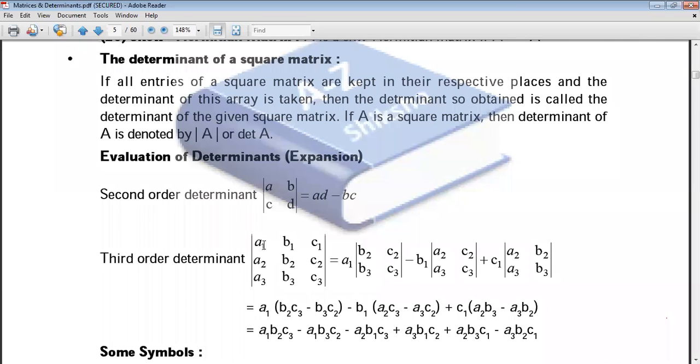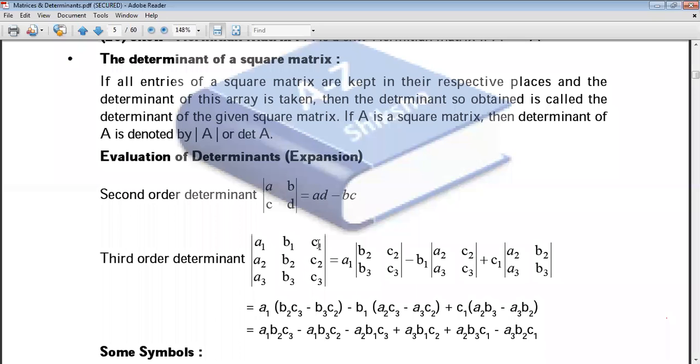See, if you choose the element a1, you have to neglect the column and row in which a1 exists. So if you neglect the column and row in which a1 exists, that is a1 a2 a3, the column will be neglected, and a1 b1 c1, the row will be neglected.